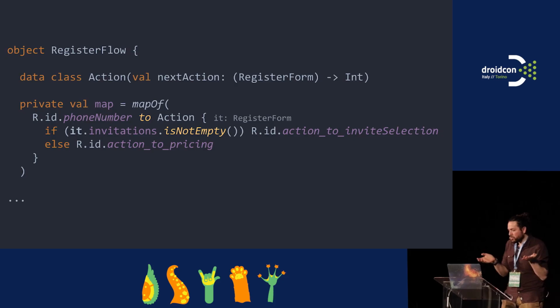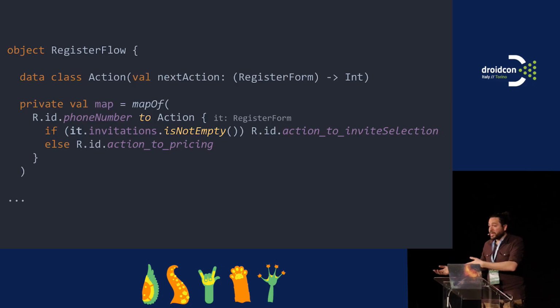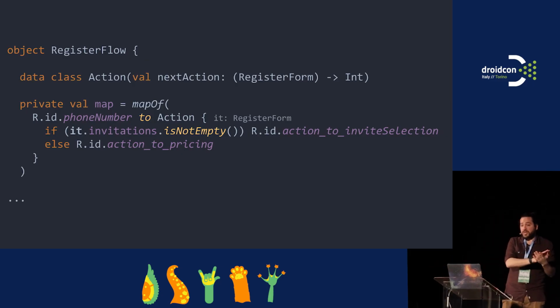So in this action, when we are on the phone number, we check whether the user has invitations or not. If the user has invitations, we redirect this user to the invitation selection screen. Otherwise, the user wants to create a new bank account, and he will go directly to the pricing screen.